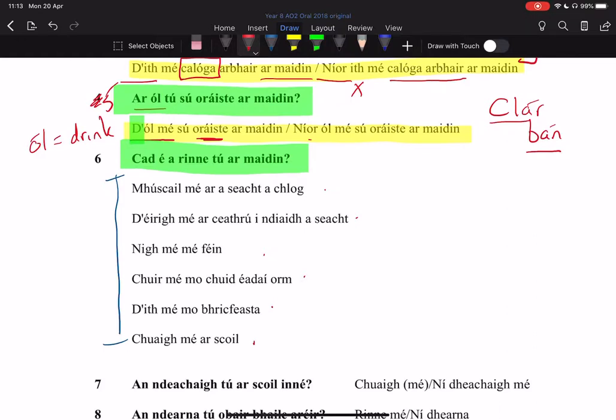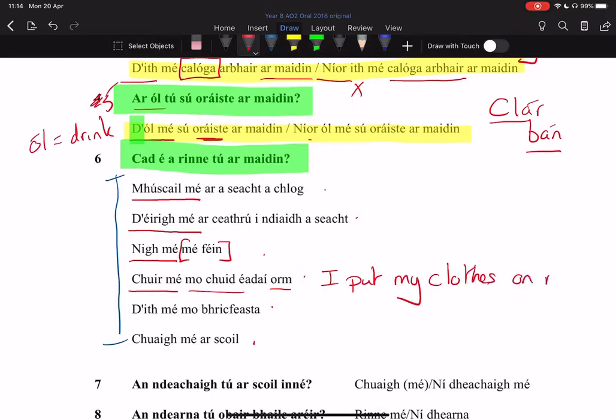So, Dhúisigh mé, I woke up at 7 o'clock. D'éirigh mé, I arose at 7:15, or I got up at 7:15. Nigh mé mé féin, I washed myself. Chuir mé cóta orm. Chuir mé t-léine orm. Chuir mé, I put, and then mo chuid éadaí, my clothes on me.